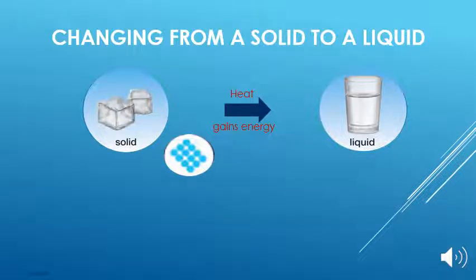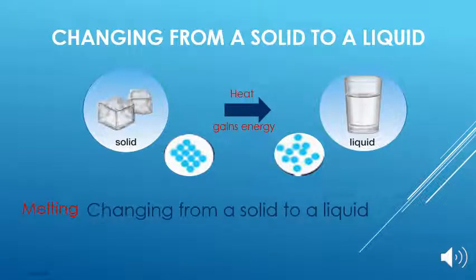The particles will change. In the solid, they are packed closely together and they will change into far apart particles and they can move. This process, we call it melting. Melting means changing from a solid to a liquid.